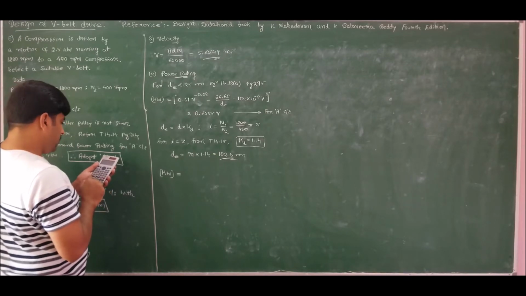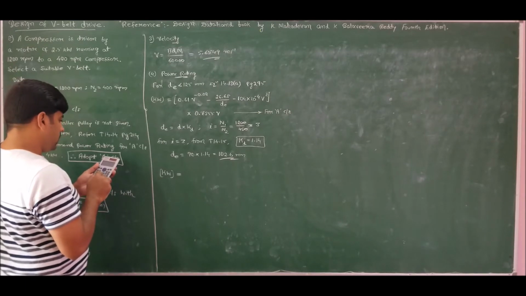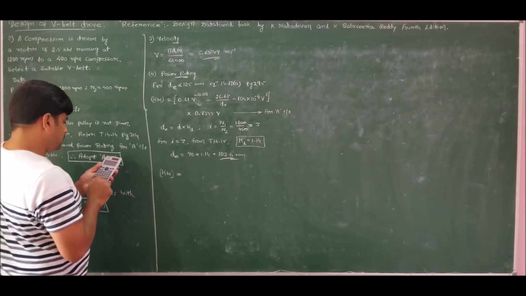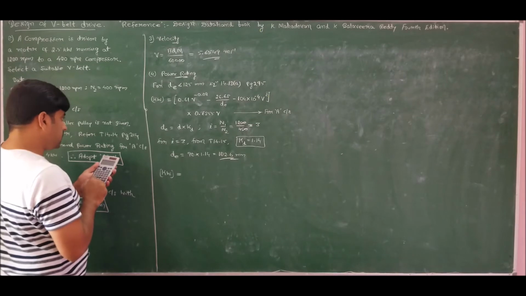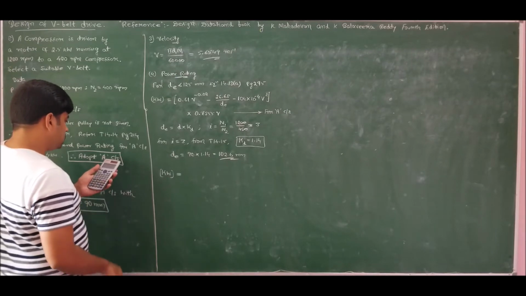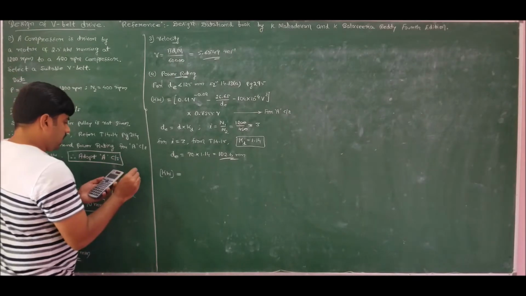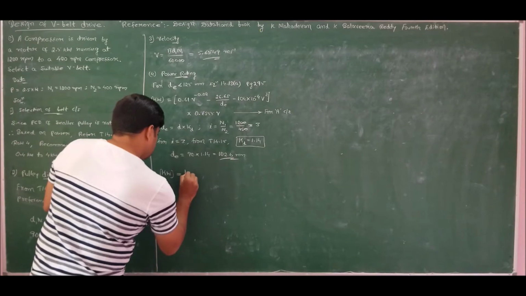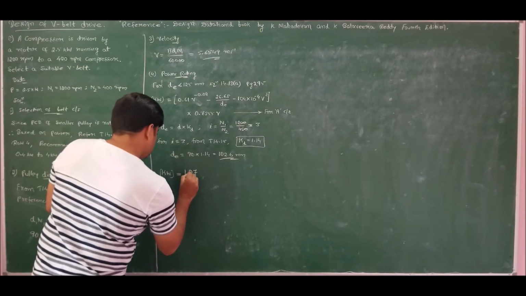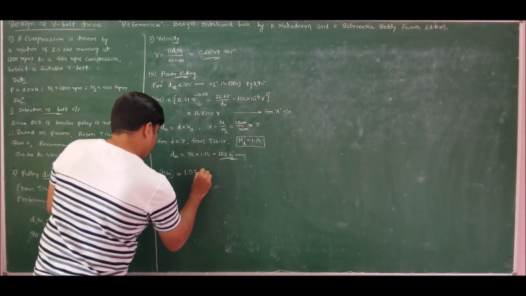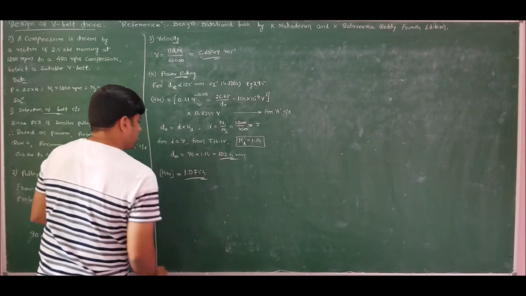V square is 5.6549 square. So this whole answer is multiplied by 0.7355 into v, where v is 5.6549. So therefore the answer is 1.0754 kilowatts.